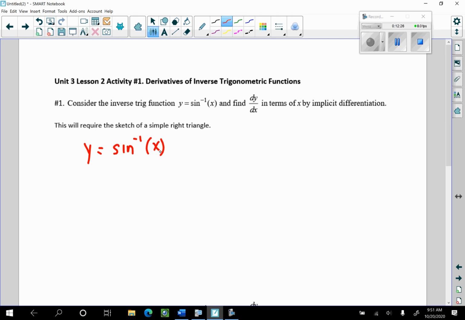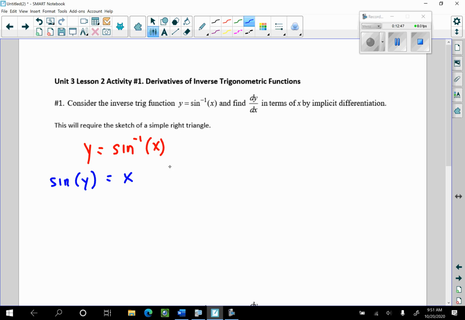true or false? It's going to be true, because if I sine both sides, sine of inverse sine is x by the definition of inverse functions.